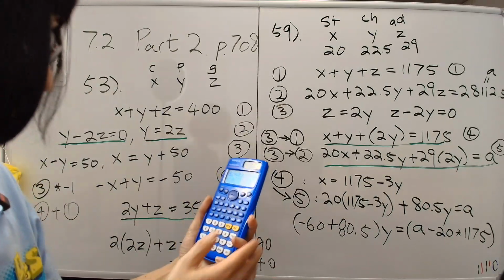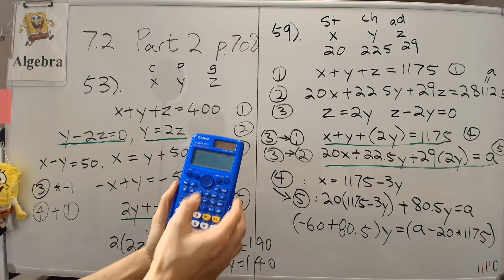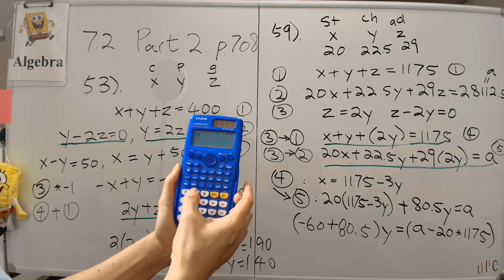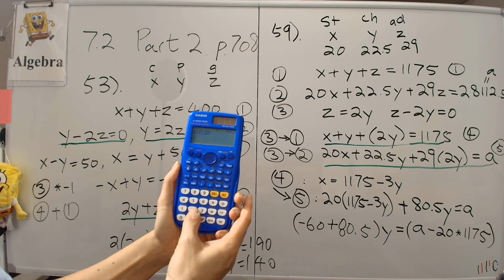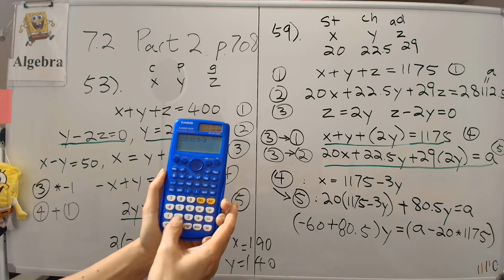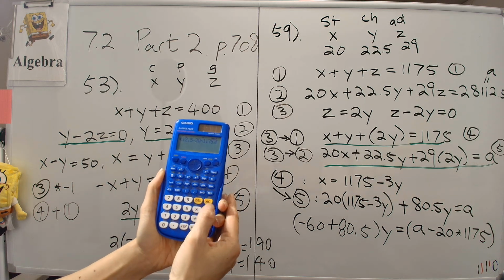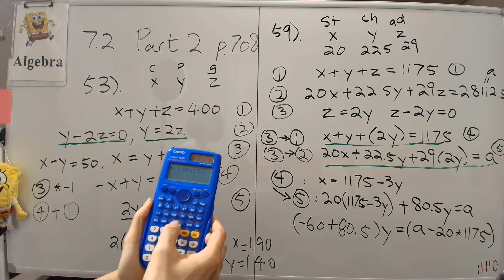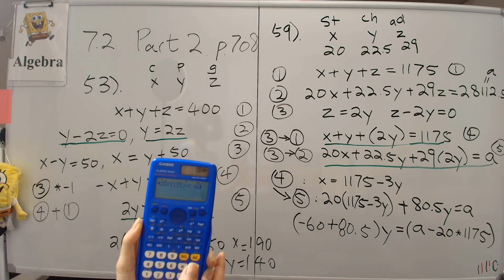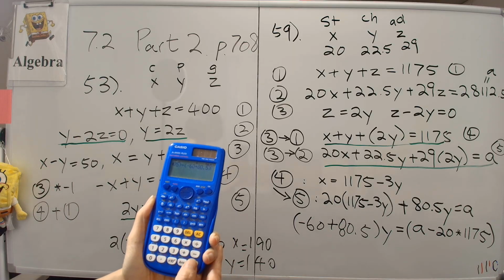So to do division, as always, we need to make sure we have parentheses. What's A again? 28112.5. Okay. Minus 20 times 1175, close parentheses, divided by parentheses, negative 60 plus 80.5, close parentheses.